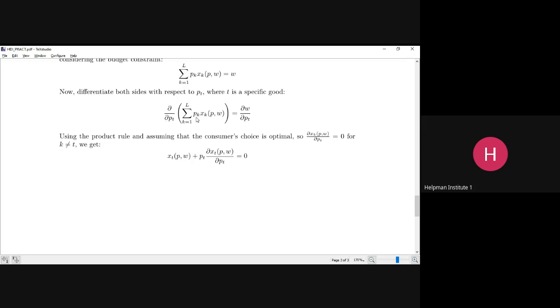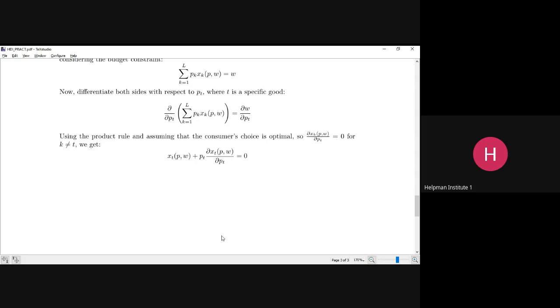So in this case, we hold p constant and differentiate x with respect to p, and this is what I have. Then when I hold x, this function x_p of w, constant, I differentiate p with respect to p. That will give me 1. When you differentiate a variable with respect to itself, it is 1.